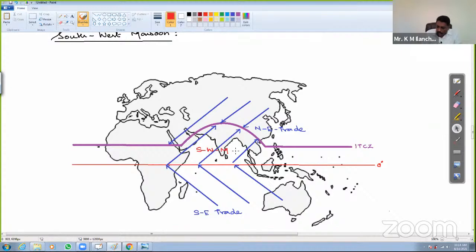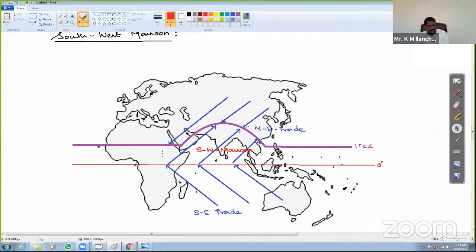You know, the wind is always named by the direction it is coming from. So which direction is this wind coming from? Southwestern direction. So what is this southwest monsoon? It is nothing but the deflected trade wind of the southern hemisphere.